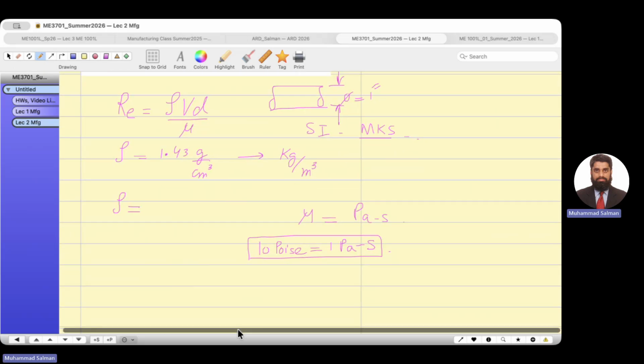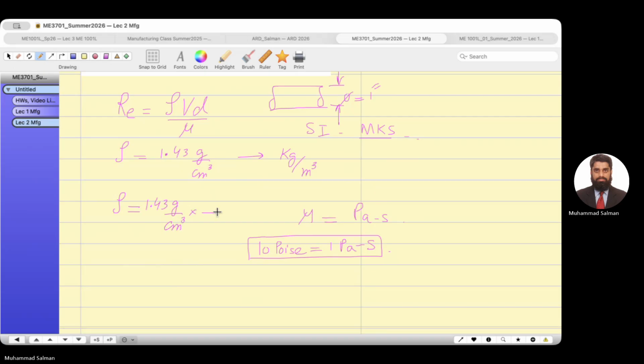So let me convert the density from here, 1.43. We know 1000 grams equals 1 kilogram, and we know that 100 centimeters is in 1 meter. But here these are cubed, so I'm going to do the cube here. This cube is cancelled by this cube. Can you do the math here?